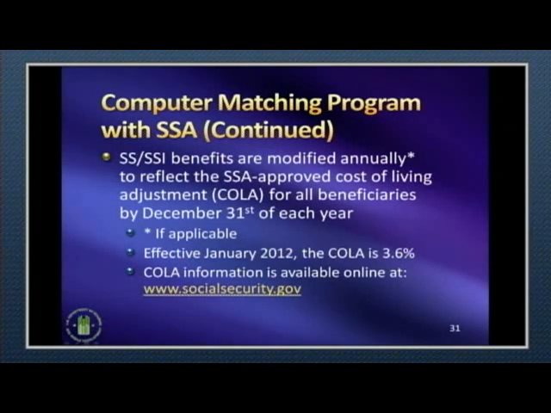So HUD is actually going to match with SSA in December for all tenants to get that new benefit amount. Typically we would anticipate that the newly updated benefit amounts for Social Security and supplemental security income benefits would be available to you by December 15th, but we're saying that may stretch into January depending on how large these files are when we match for everybody.